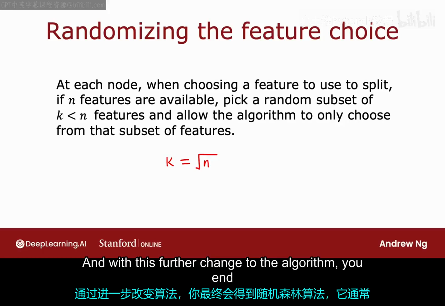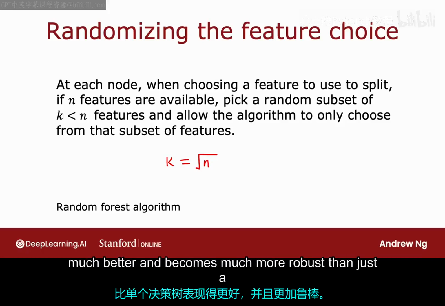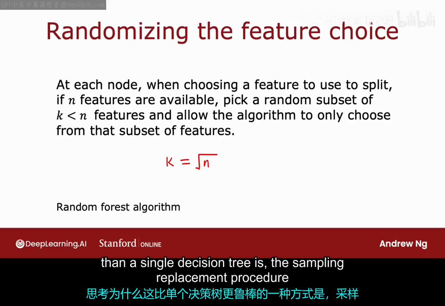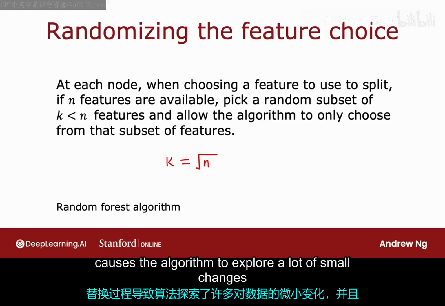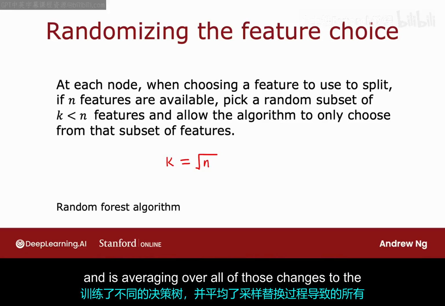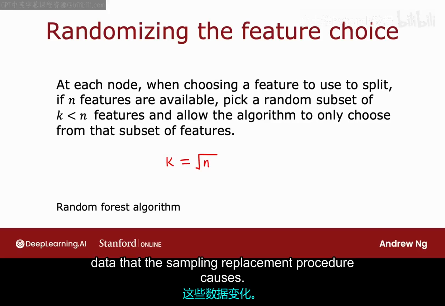And with this further change to the algorithm, you end up with the random forest algorithm, which will work typically much better and becomes much more robust than just a single decision tree. One way to think about why this is more robust than a single decision tree is the sampling with replacement procedure causes the algorithm to explore a lot of small changes to the data already, and is training different decision trees and is averaging over all of those changes to the data that the sampling with replacement procedure causes.